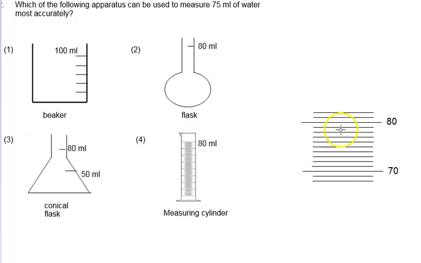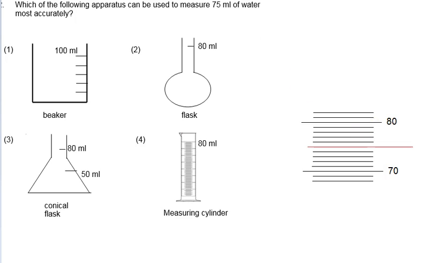That means in between, if they have 1, 2, 3, 4, 5, 6, 7, 8, 9, and 10, each of these would be 1 ml. So we have 70, 71, 72, 73, 74, 75, 76, 77, 78, 79, and 80.